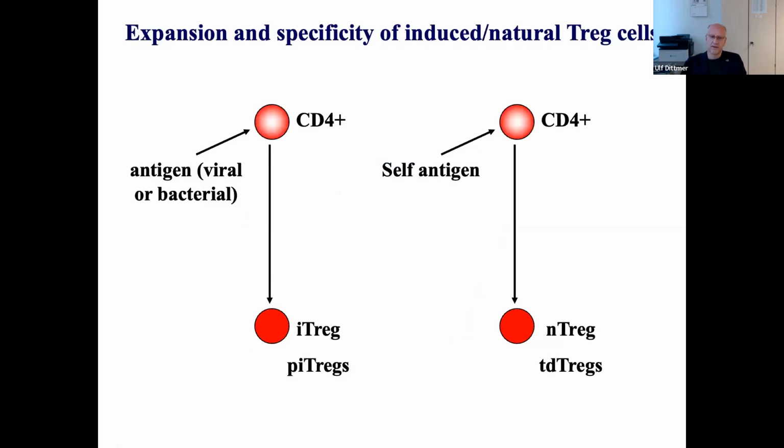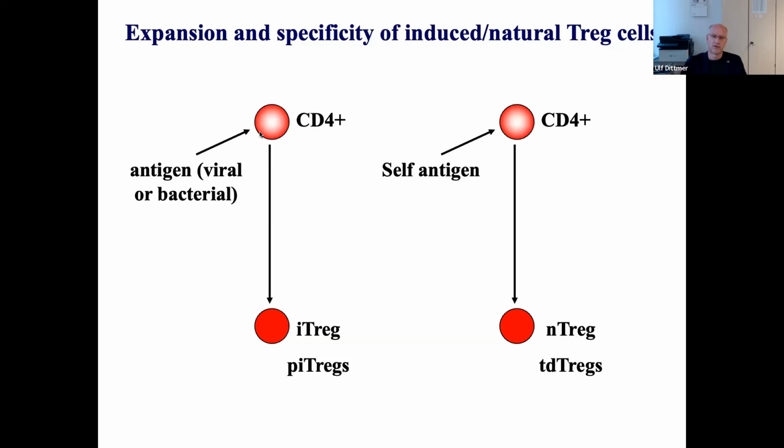Okay, so this is the current concept of these two populations. So here are the natural or thymus-derived Tregs on the right. And we think that in most systems where they were studied, they are actually specific for self-antigens. So they see constantly self-antigens and are driven by the T-cell recognition of self-antigens that are always present in the organism.